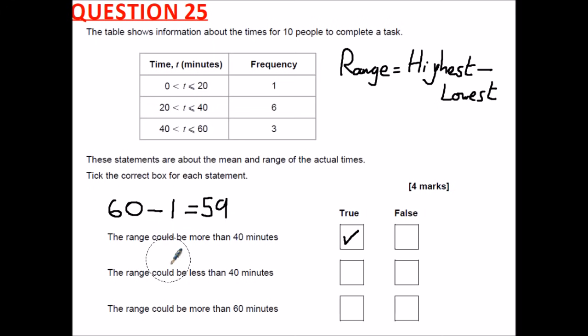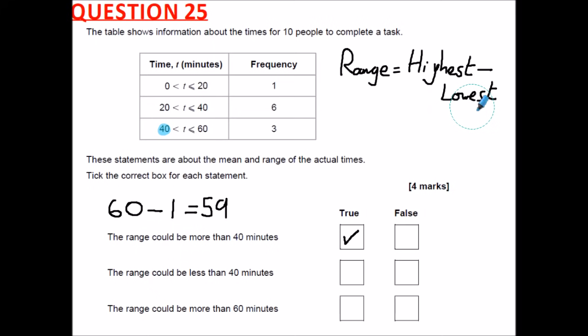It says here the range could be less than 40 minutes. So what would the absolute smallest range be? The smallest range would be when the highest is the smallest highest it could be. So the smallest possible value here in this category is 40. So the absolute smallest maximum would be 40.